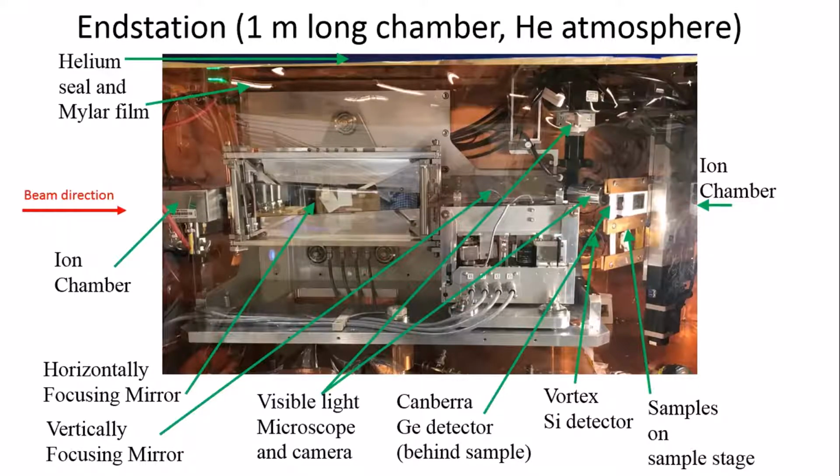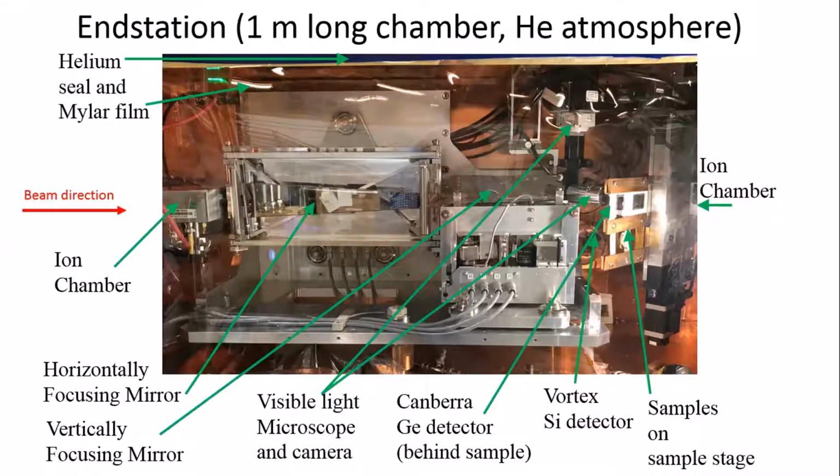Going from left to right, there's an ion chamber for I0, then the horizontal and vertically focusing KB mirrors. What's unique about this KB system is that it's backwards of the typical geometry for a microprobe. Most microprobes have the vertically focusing mirror first, and then the horizontally focusing mirror closer to the sample. That allows better access for the microscope and to the sample.